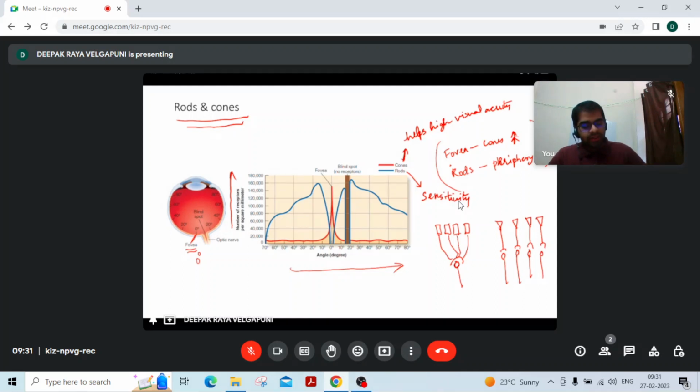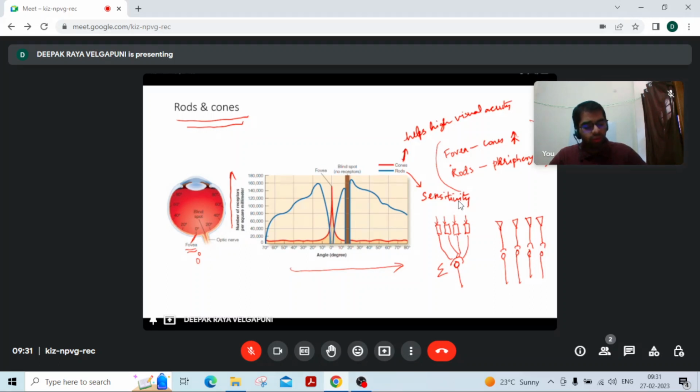Coming to the sensitivity of rods. Because they have summation type convergent connections, small inputs here will just sum up and reach the threshold, and then the downstream neuron fires and further processing of information takes place.